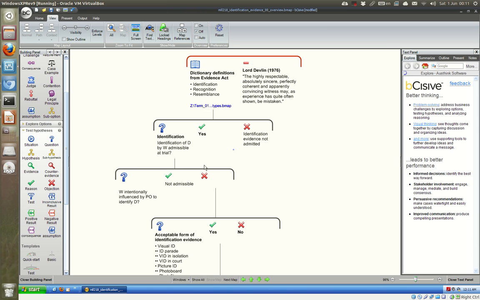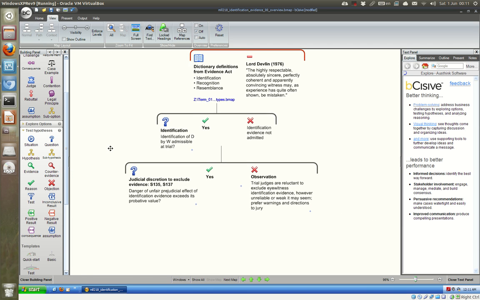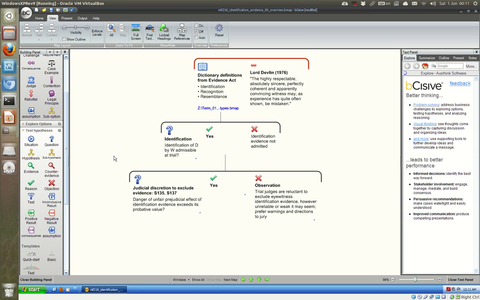So let's say that we do have a match. Let's say that there is identification evidence by the witness of the accused, which was admitted to trial, which was admissible. So the next question is whether there is judicial discretion to exclude the evidence.